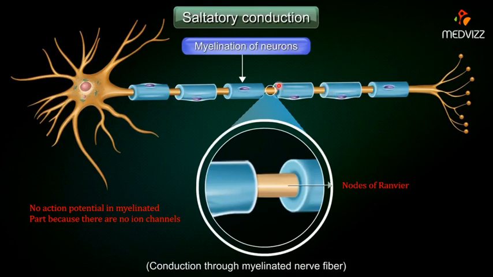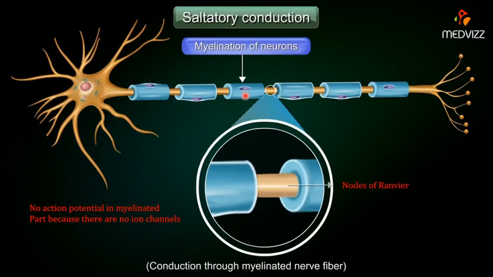The action potential only occurs in the gaps between the myelin sheath, and these gaps are known as the nodes of Ranvier. In these nodes of Ranvier, there are ion channels which are responsible for the action potential that we just discussed. There is no action potential in the myelinated area of the axon because there are no ion channels.